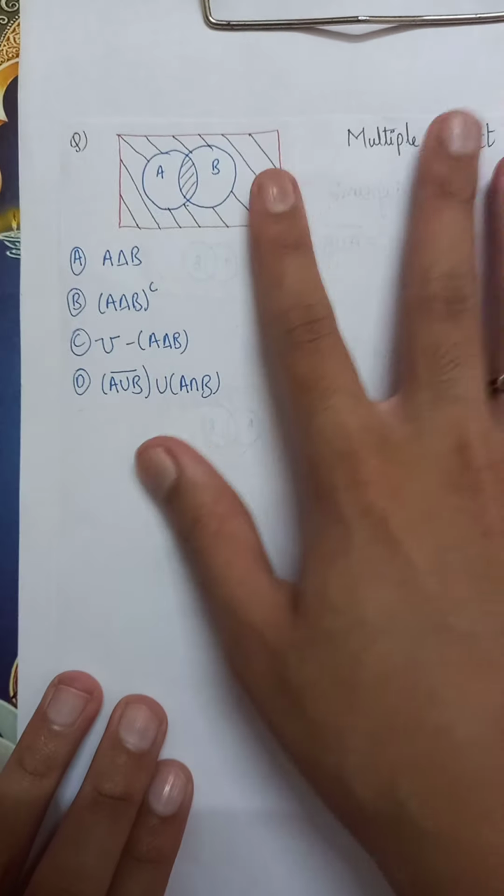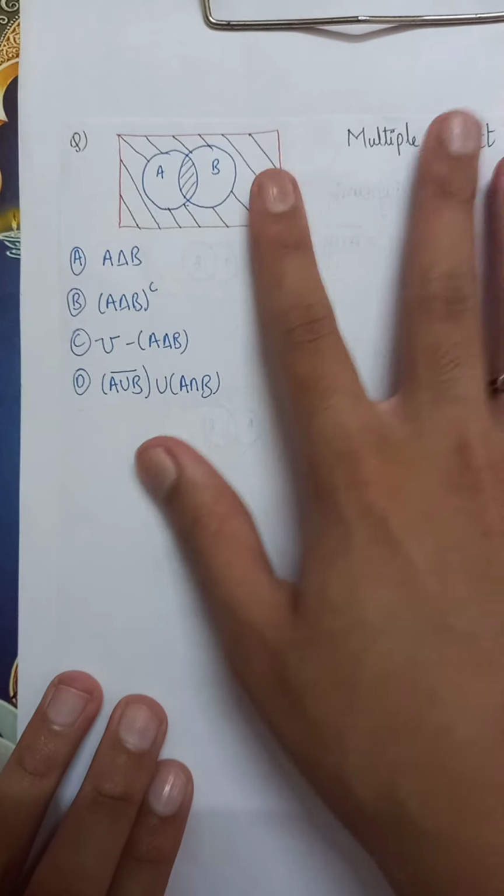So let's move on to the first option, that is the symmetric difference of A and B. You know the symmetric difference of A and B. How is the Venn diagram of the symmetric difference of A and B? We all know it is represented like this. So this is option A, and we're checking option A first. Draw a universal set and two sets, A and B, and shade the symmetric difference of A and B. I've taught you this in the last lecture, I guess.